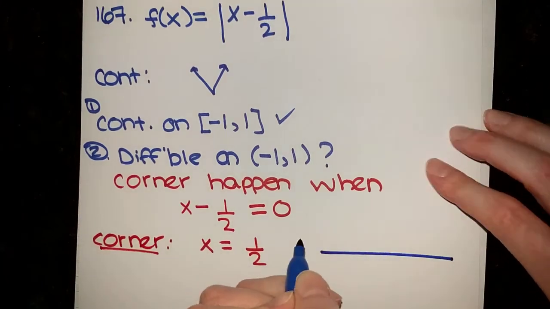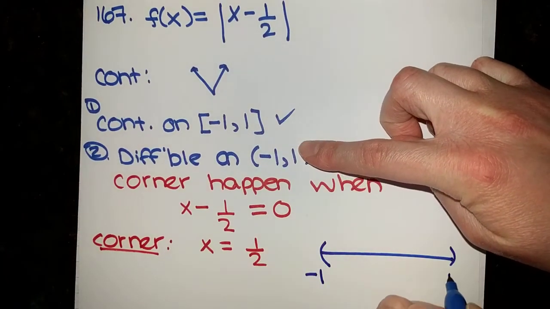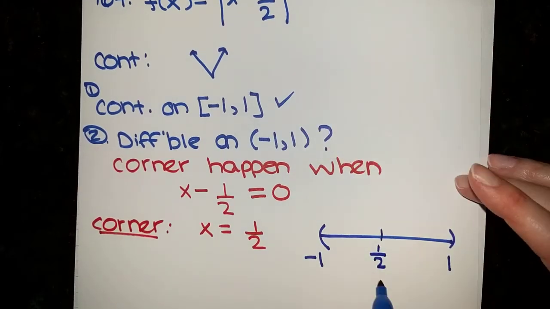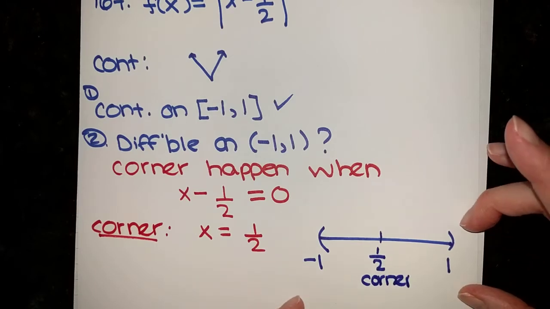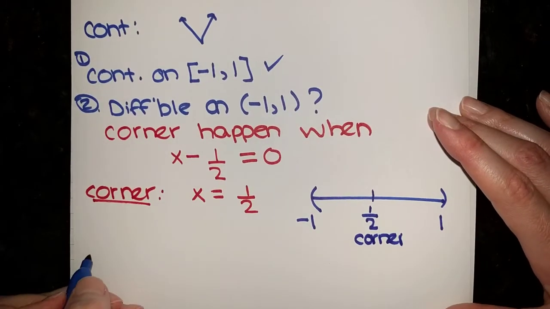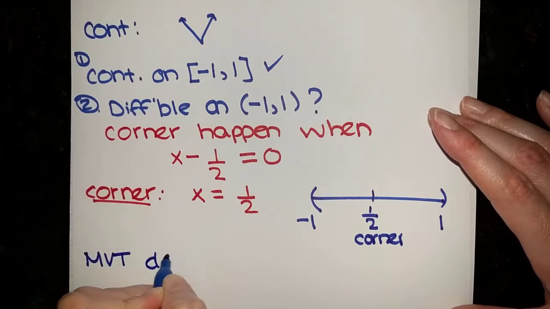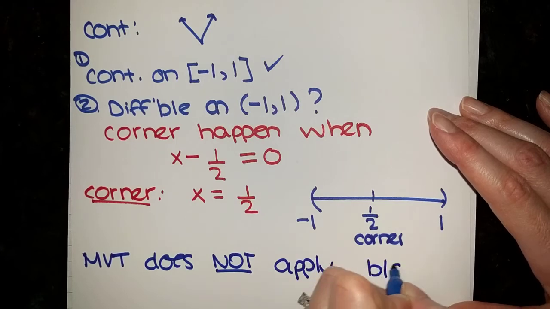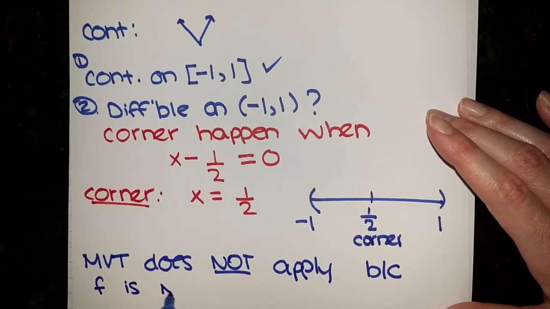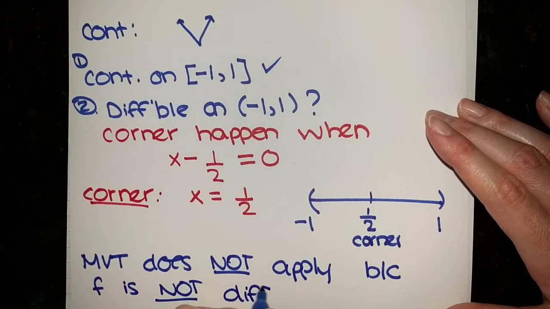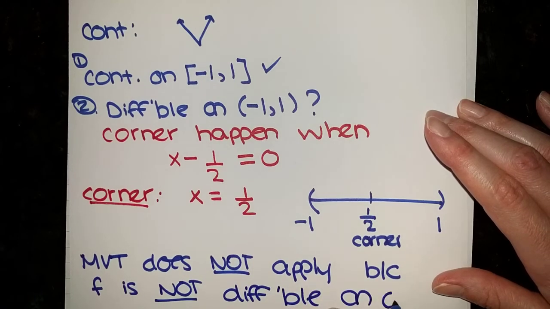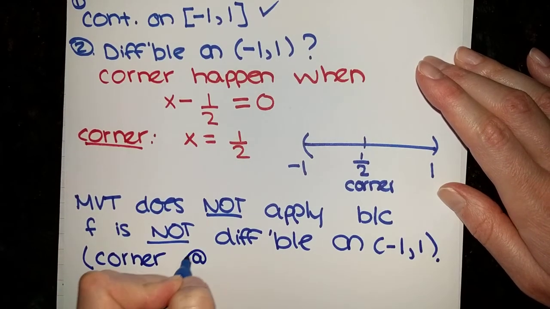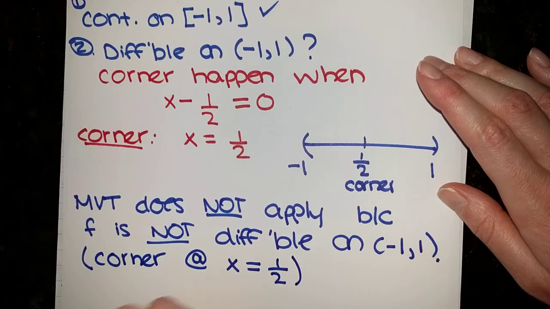In this case, we are interested in the interval from -1 to 1, and it is a problem for us because that corner lies within the interval of interest. So what we would have to say for this question is that the mean value theorem does not apply because f is not differentiable on -1 to 1. And specifically, there is a corner at x is equal to 1/2.